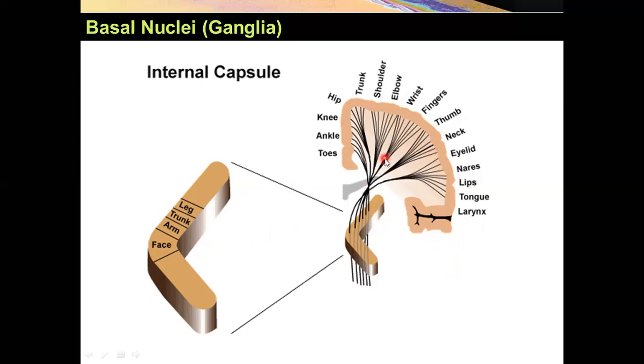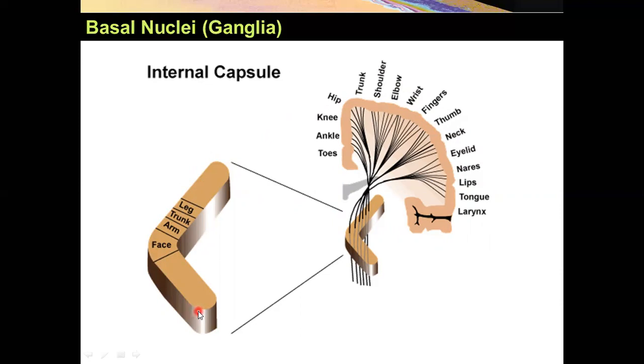And as you see here, this is the motor or sensory homunculus. So a certain part of the sensory or motor homunculus receives information or sends its impulse through a certain part of the internal capsule.